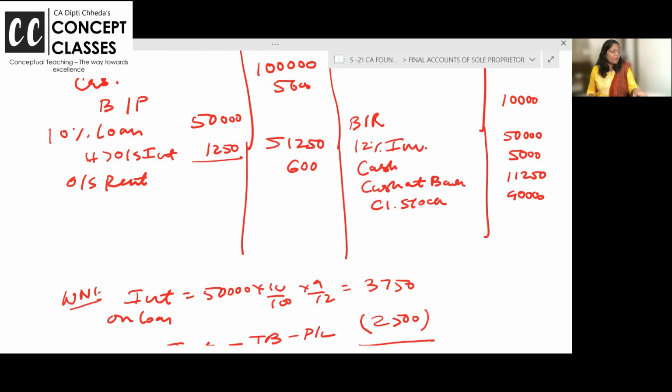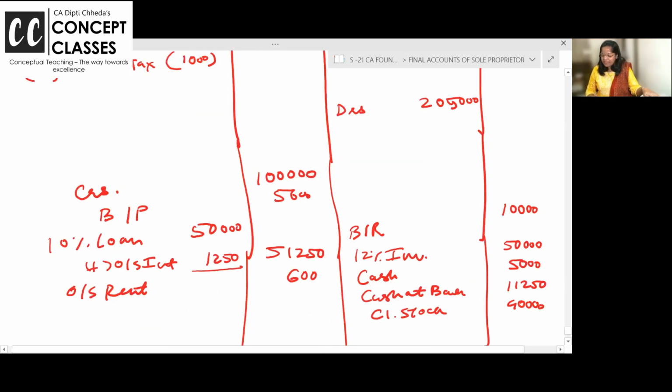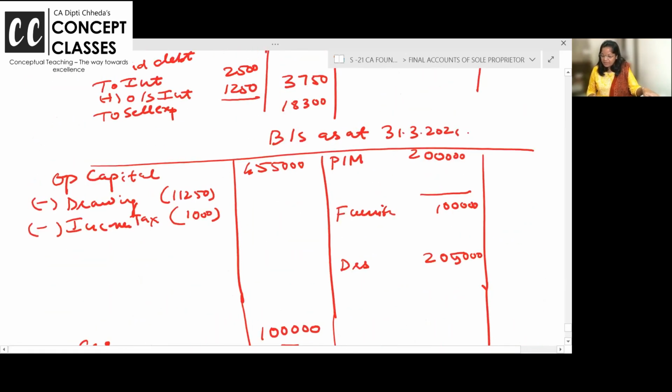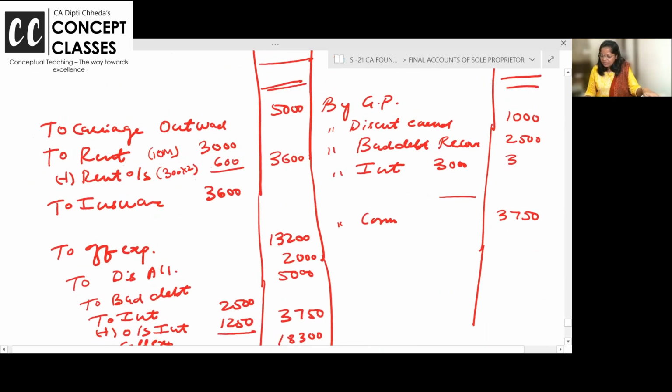Okay, I'm going to adjustment number 3. Accrued interest on investment is 1,500. 3,000 interest is paid. Accrued interest is 1,500. Pay नहीं हुआ but है तो इसी साल का ना. 4,500.